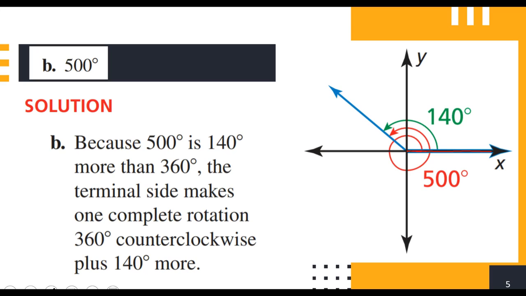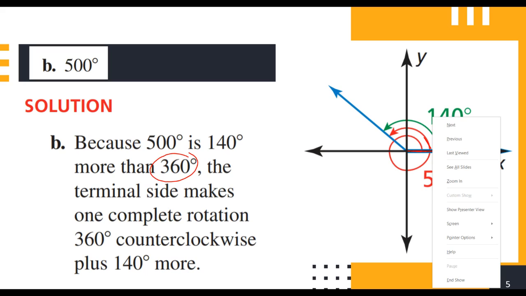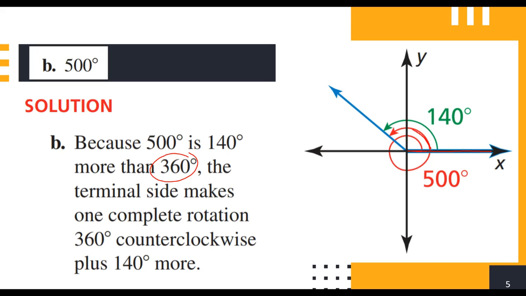From the initial side, we need to rotate the terminal side one full rotation to get 360, and then we just need to rotate the terminal side more to reach this part here, which is 140 degrees. Remember, that's your 0, 90, and then that's your 180.